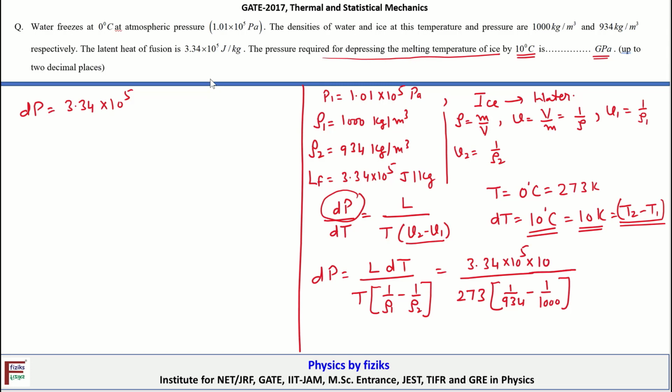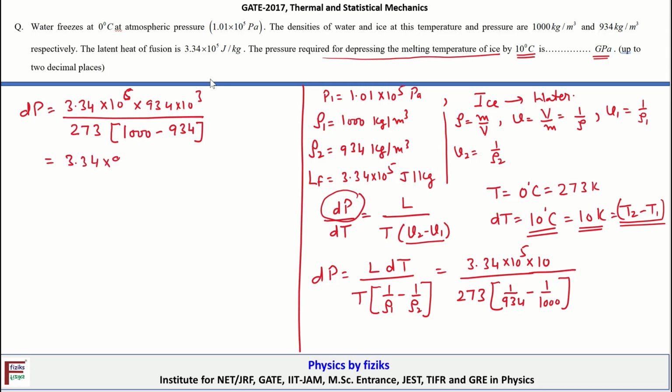So it becomes 10 power 6 in principle, and from the denominator also we will obtain 934 into 10 power 3. And then this is divided by 273 into (1000 minus 934).